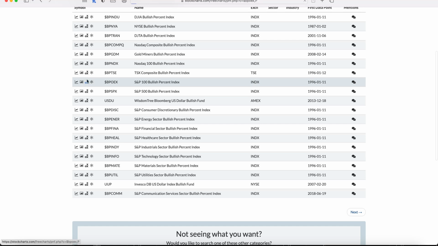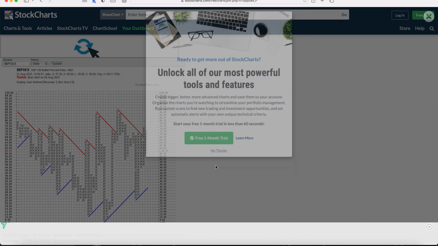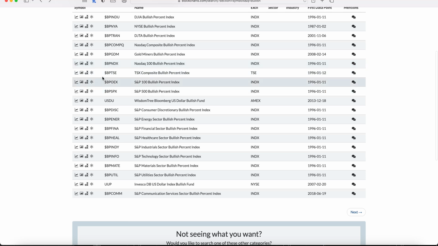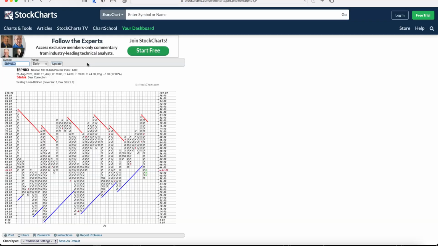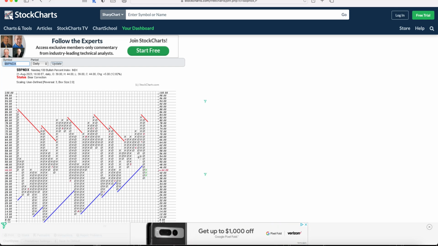The OEX, which is the S&P 100, tacked on an O to the downside, but it went positive by 1.75%. So that's interesting. And the NDX formed new green X's to the upside. So that is a short-term bullish indication. That's not really a buy signal. It's just a short-term bullish indication in tech stocks, which kind of follows what we were just saying.